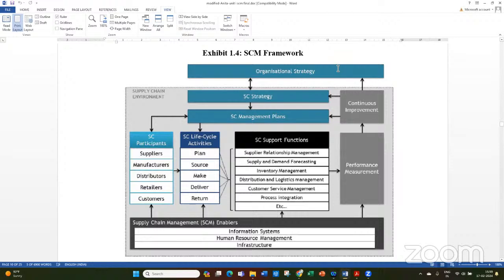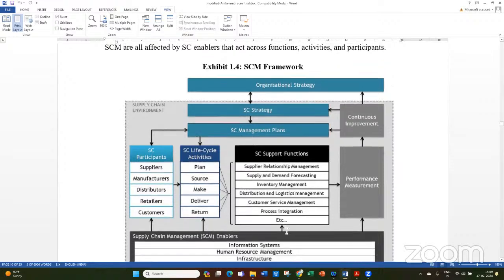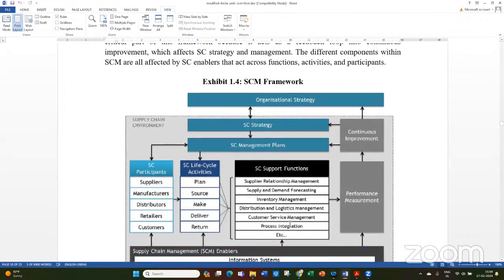Then the schedule implement information is fed back to support optimization, distributors, retail. So here information system is there, human resource management is there. So these are common to all. That's why the expected framework will be like this.